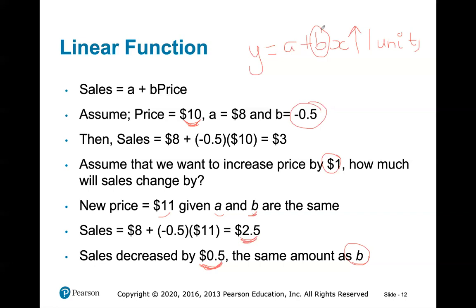So in this case, when price changed by $1, sales decreased, because we have a negative sign over here. Sales decreased by 50 cents, from $3 to $2.50.